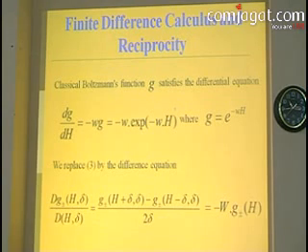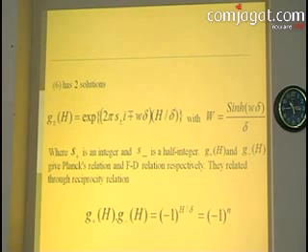If instead of this differential equation, we have this difference equation, instead of small w, we write this big W, and instead of g, we now write the function g plus minus function. This is the solution.